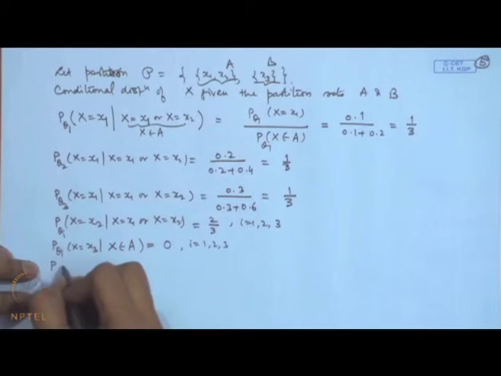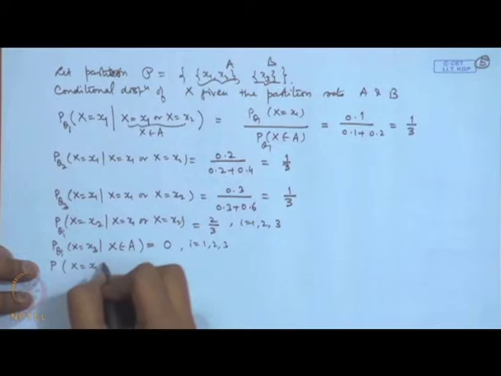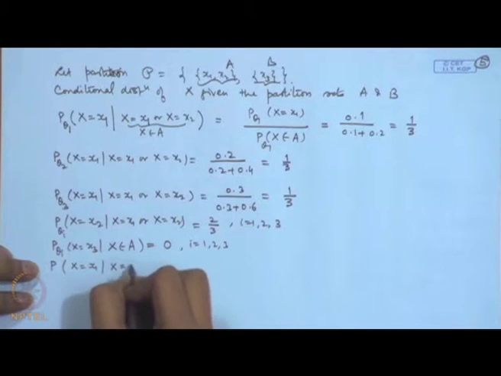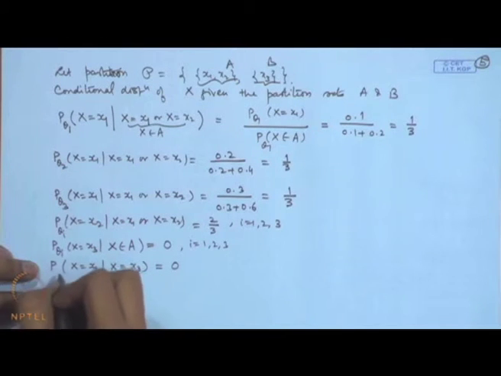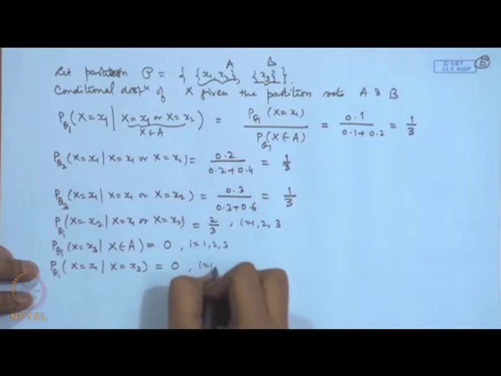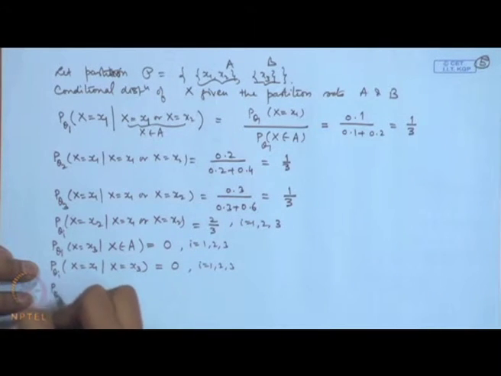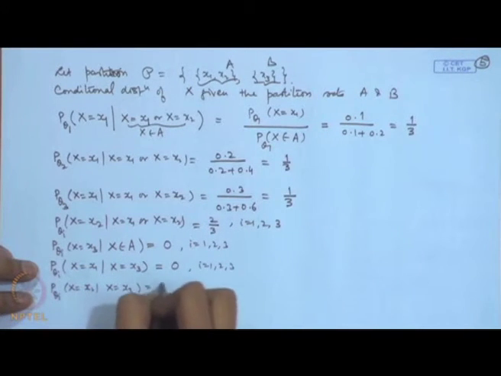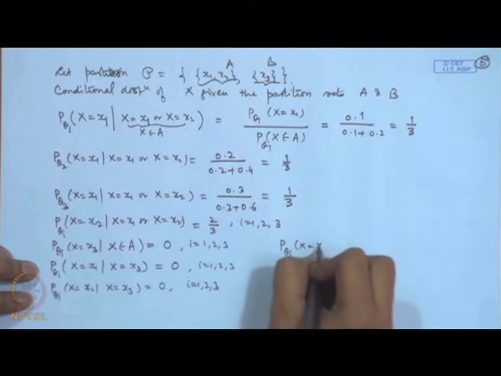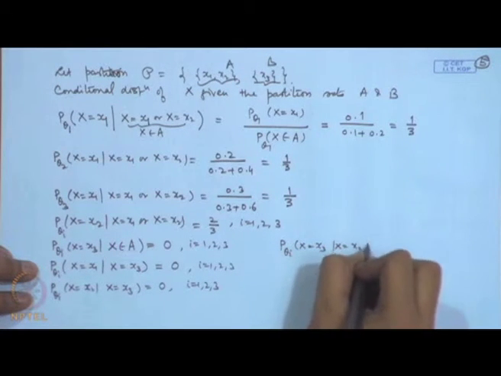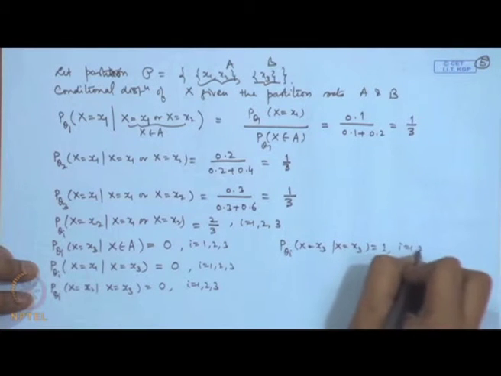Then similarly, if I consider probability of x equal to x1 given x belonging to B, that is x equal to x3, then that is also 0, and this will be true for all i equal to 1, 2, 3. If I consider probability of x equal to x2 given x equal to x3, that is also going to be 0 for i equal to 1, 2, 3. If I consider probability of x equal to x3 given x equal to x3, that is going to be 1 for i equal to 1, 2, 3.